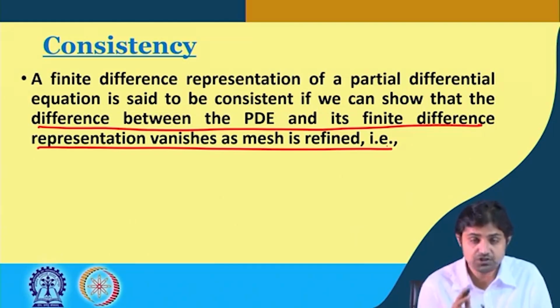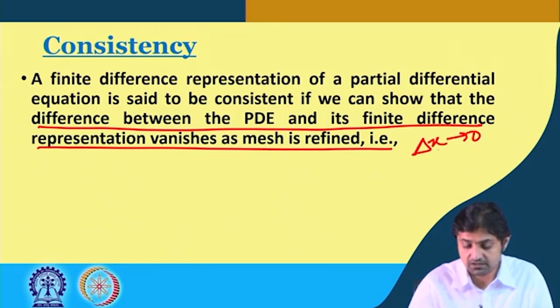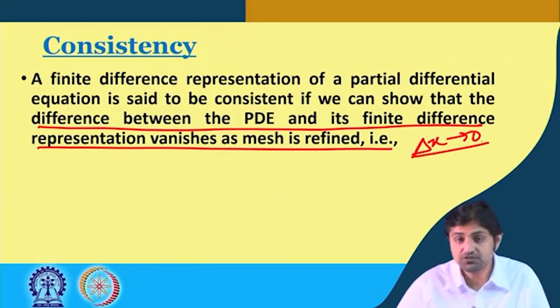So this solution is consistent if we are able to show that the real solution, that is the PDE solution, minus the one obtained using the current method, that is the finite difference method, will go away, will be 0, or starts to go to 0 as delta x is refined, as mesh goes to 0.